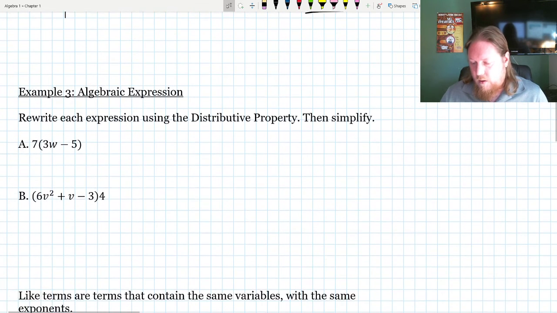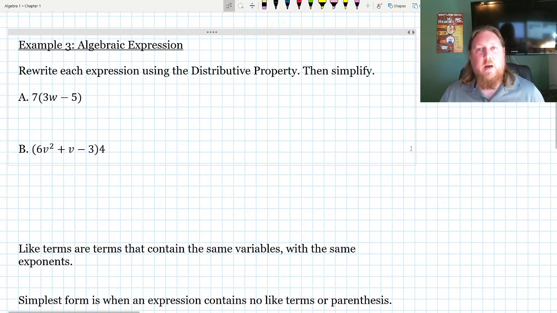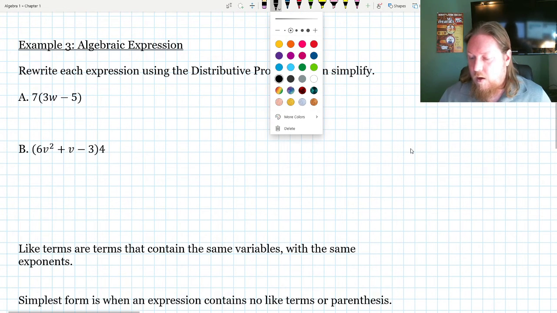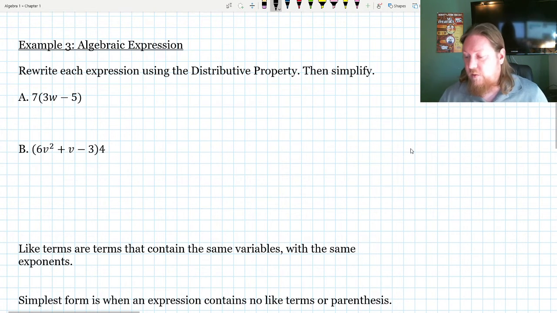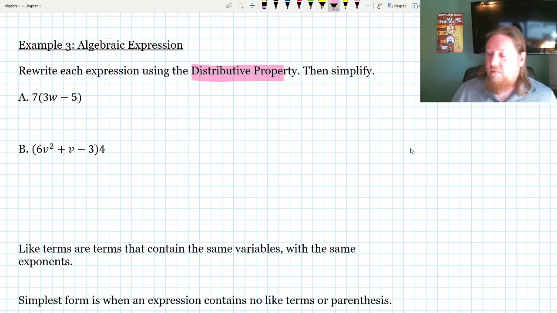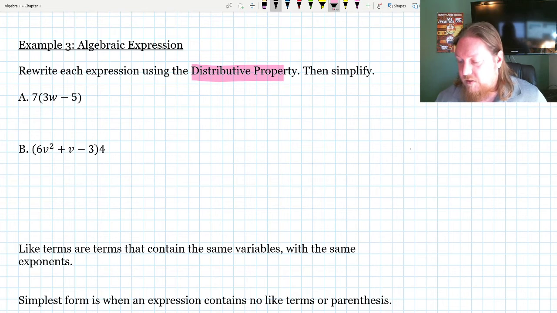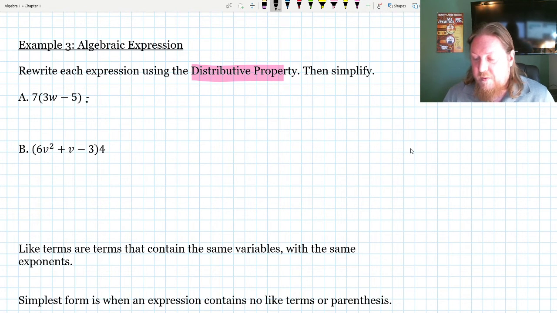All right. Example 3. Now we're going to use distributive property with the algebraic expressions. We're going to rewrite each expression using the distributive property, which we have to now because we can't just combine them together, and then simplify it as much as we can. Now, distributive property says take the number that you're multiplying the quantity by and multiply it by the first part.